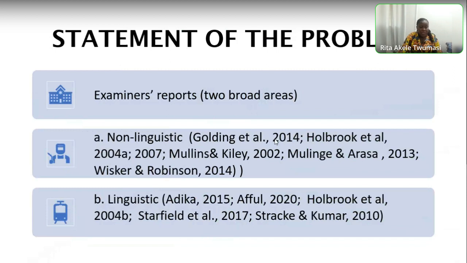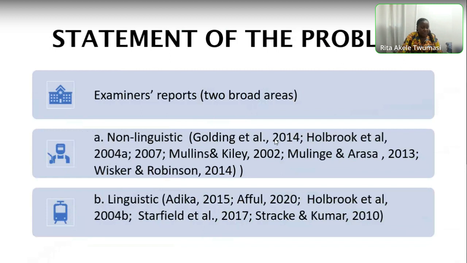The quality of the thesis examiner's report has also been studied. We can mention the works of Grove and Lambert 2005, Molin and Arisa 2013, and Bao and Lek in 2013. The rhetorical section has also received attention from studies by Beck and Anderson 2004, Cook et al. 2007, and then Nimulula 2018.